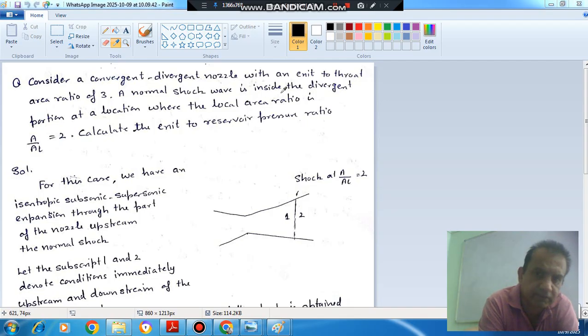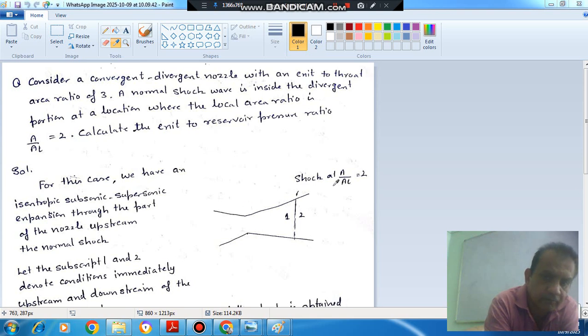So here it is given that the exit to throat ratio is 3. So exit means this point and throat means this point. As the shock is occurring in between, this is not the exit to critical area ratio. This is only the exit to throat area ratio, because the critical area is for an isentropic process and the shock is occurring here. Suppose where the area ratio is A by At is 2, after the shock the property changes suddenly, and before the shock the process is isentropic.